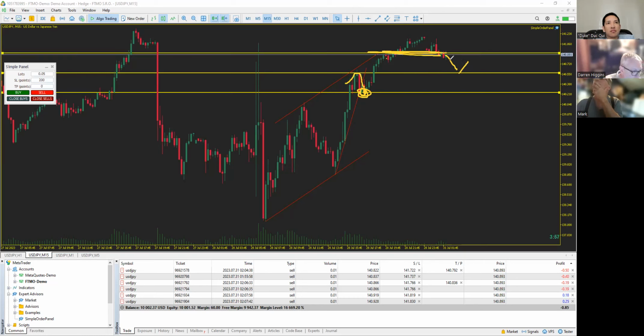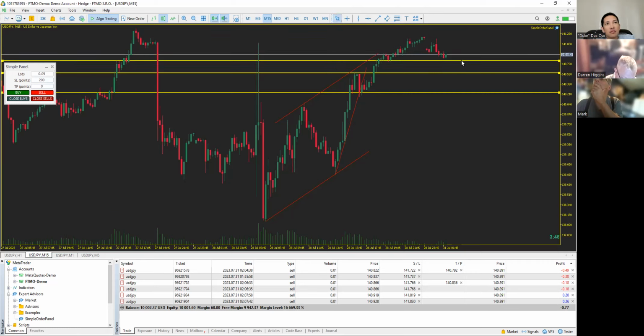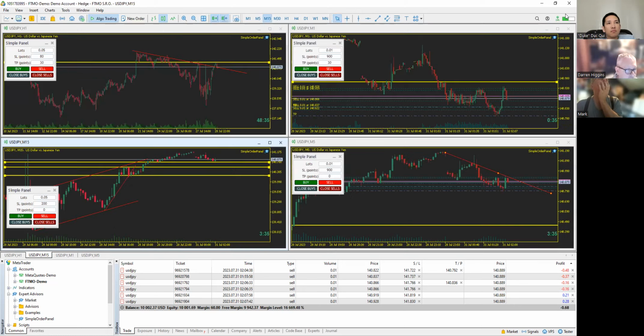And then if this is the resistance right here, so it really needs to break this one on the bottom side right here to drop further. You can see it came to it, bounced up. All right, and this is coming down.